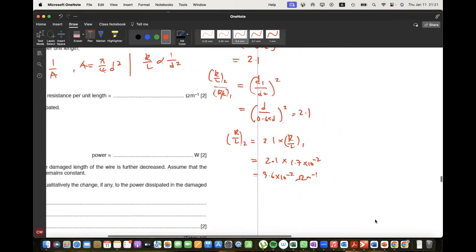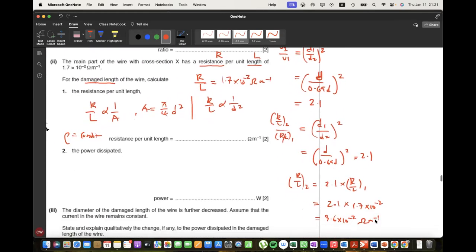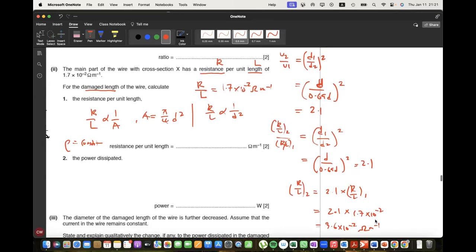Actually, most of the time the physics is ratio only. Ratio calculation. Are you good in ratio calculation? Find relationship, divide, get the answer.